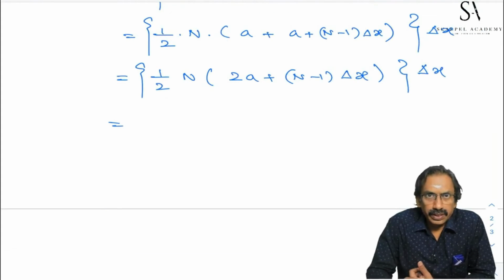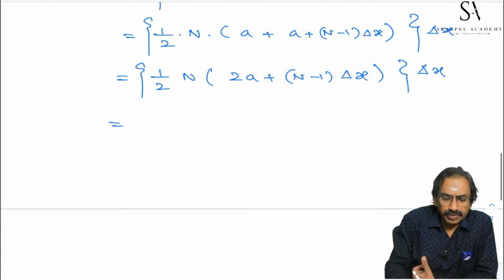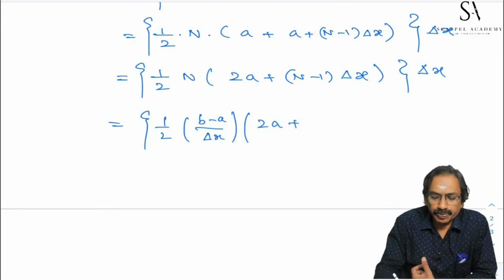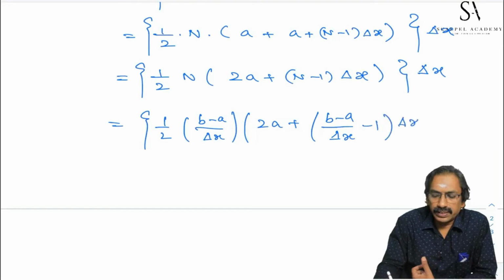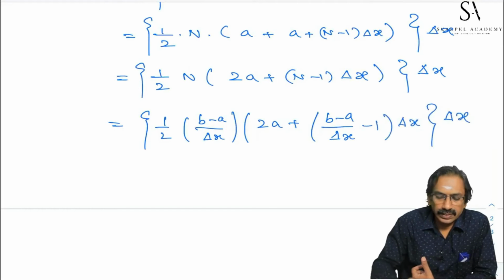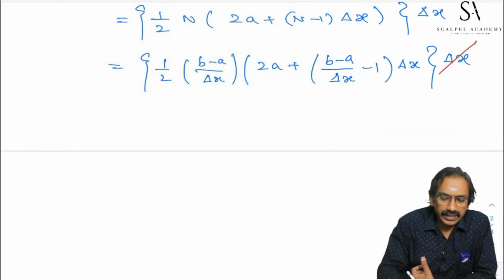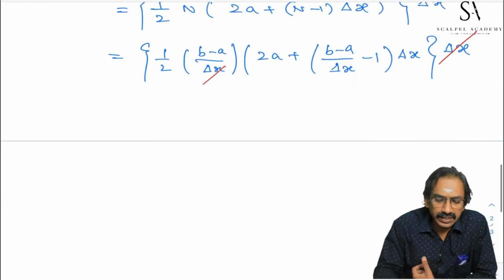Student, let us substitute the value of n. Half into n, which is (b minus a) by delta x, into (2a plus ((b minus a) by delta x minus 1) delta x), into delta x. Shall we cancel this delta x here? This delta x and this delta x can be cancelled.